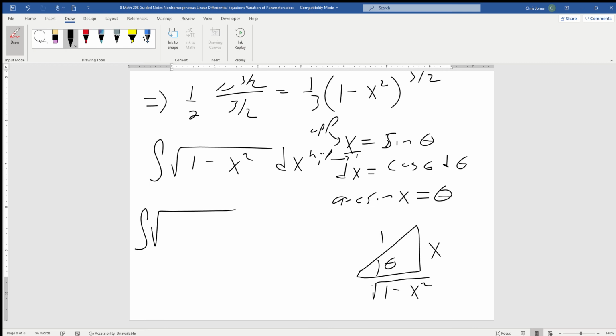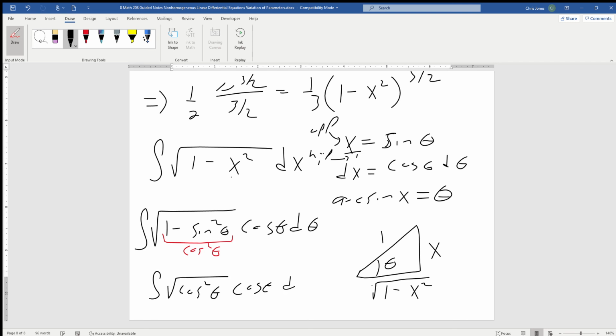So now we get the integral of 1 minus, we're going to replace x squared with sine squared theta. We're going to replace dx with cos theta d theta. All right, so there is some good news. 1 minus sine squared is cosine squared theta. So now we end up with the integral of the square root of cos squared theta cos theta d theta.